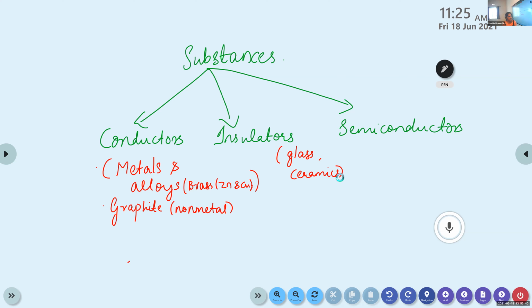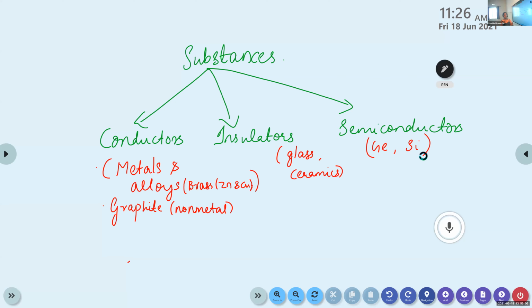You have learned this for the exam, right? Then tell me. Germanium. Very good. Then one more. Silicon. Yes, silicon. So these can be written as examples for semiconductors.